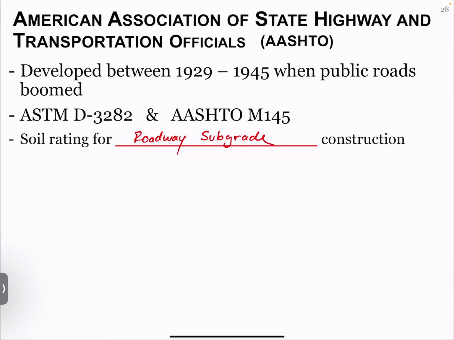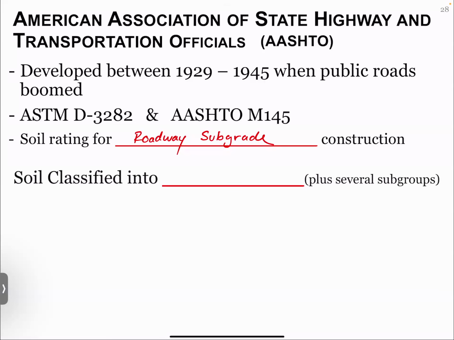So thinking of it as a ranking system, the USCS was not a ranking system. It was just like, hey, let's all classify the soil for different purposes. But the goal of AASHTO is to read it and then have an understanding right off the bat how applicable or how good this soil will be for roadway subgrade. So it is classified into how many?